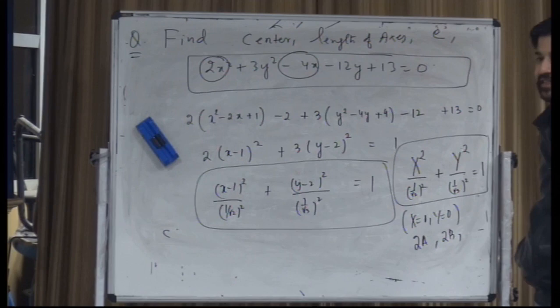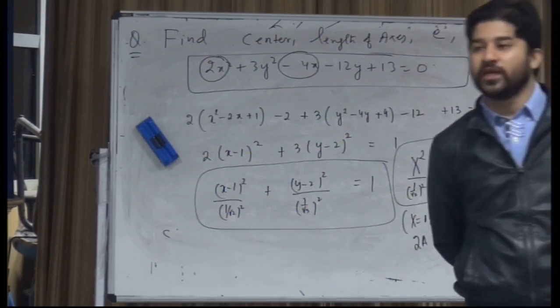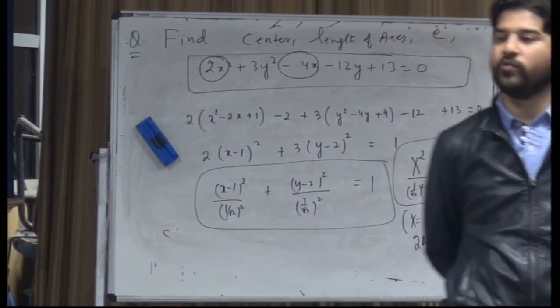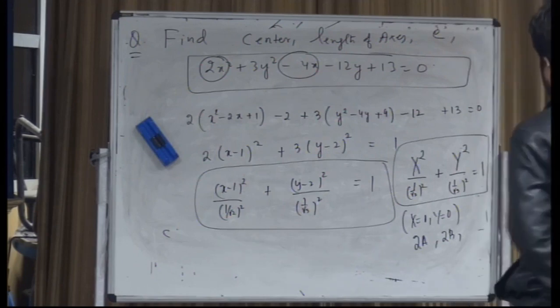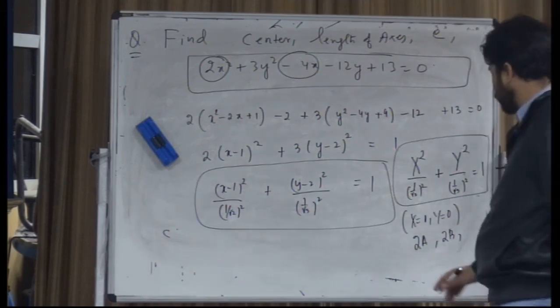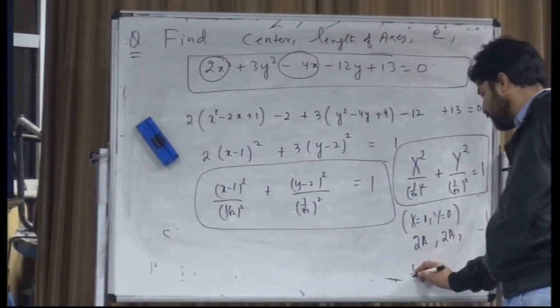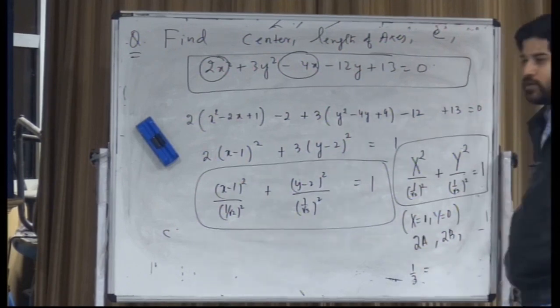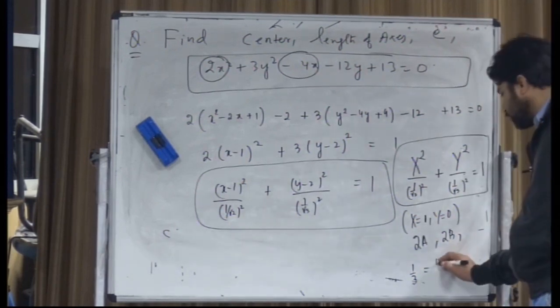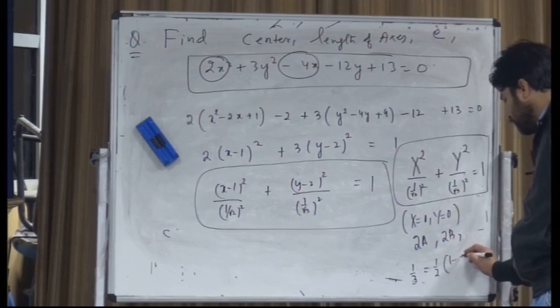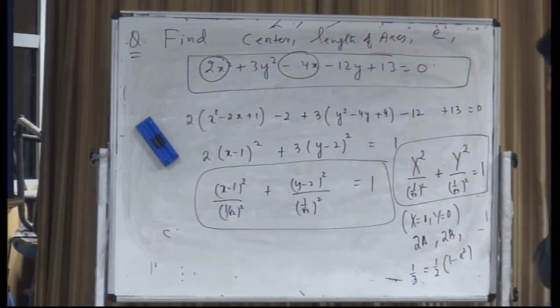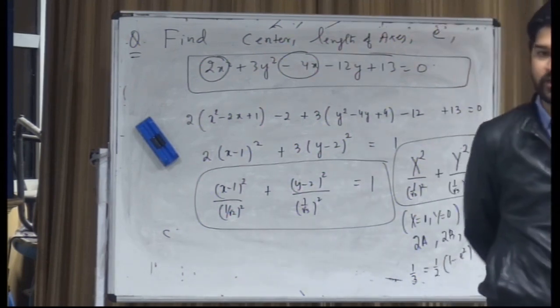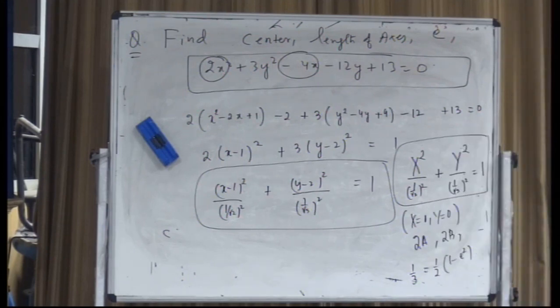And what is the eccentricity? छोटा स्क्वायर इज इक्वल टू बड़ा स्क्वायर इंटू 1 माइनस e square, व्हाट इज बड़ा स्क्वायर, छोटा स्क्वायर 1/3, एंड व्हाट इज बड़ा स्क्वायर, so 1 minus e square is 2/3, which means e square is 1/3. E square is 1/3 मतलब e is 1/√3.